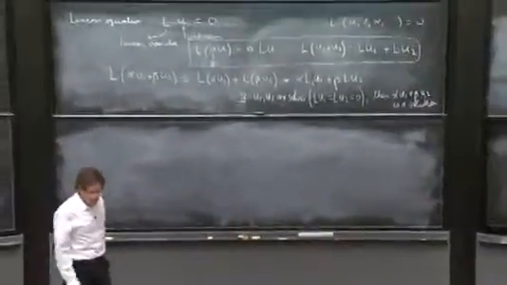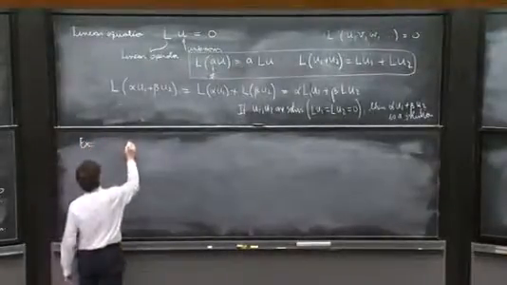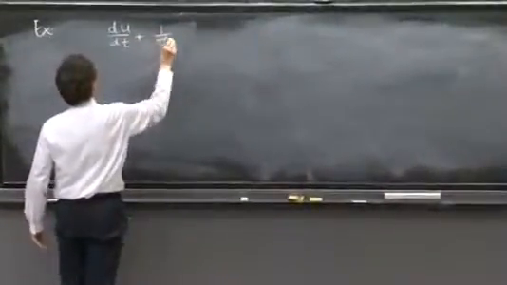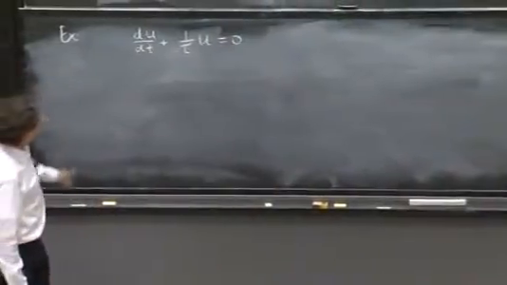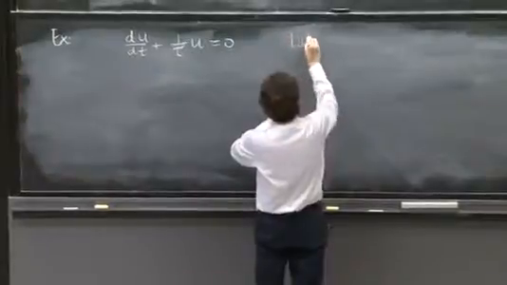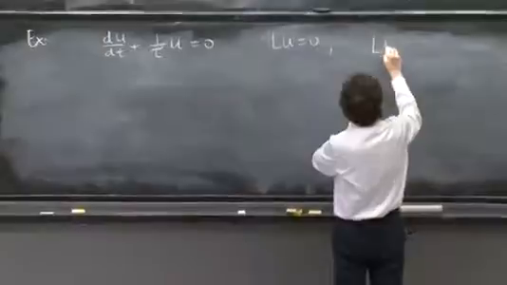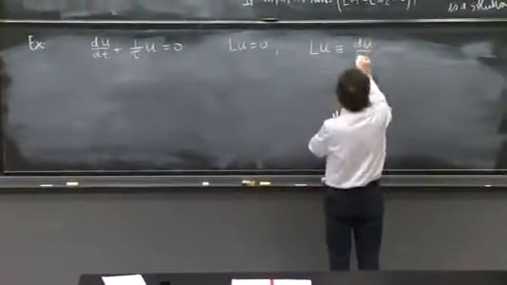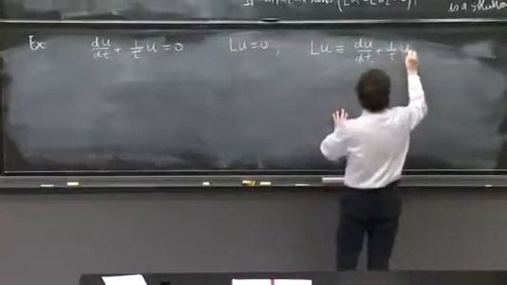Now, an example probably would help. If I have the differential equation du/dt plus 1 over tau u equals 0, I can write it as an equation of the form Lu equals 0 by defining L on u to be du/dt plus 1 over tau u.